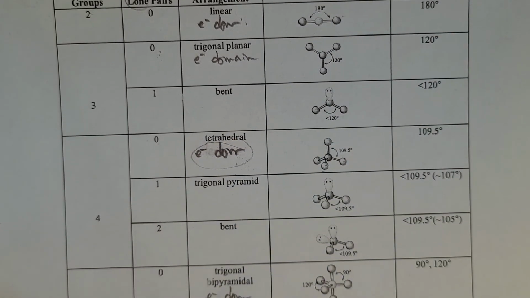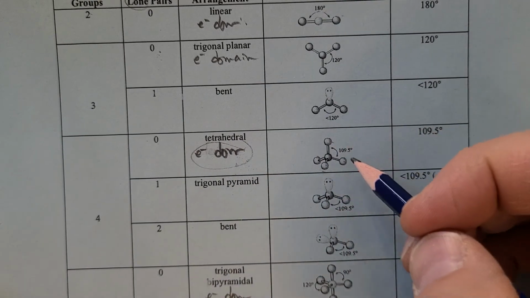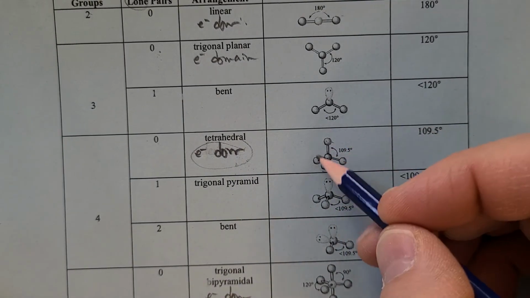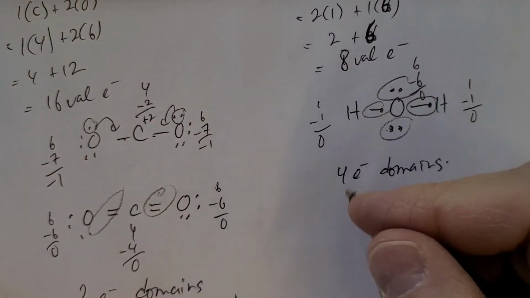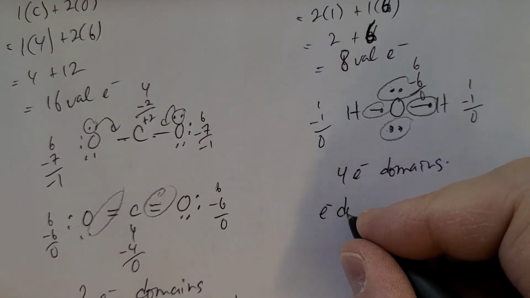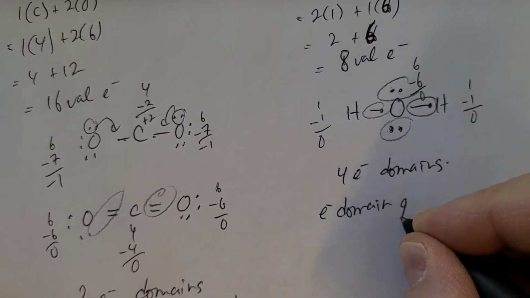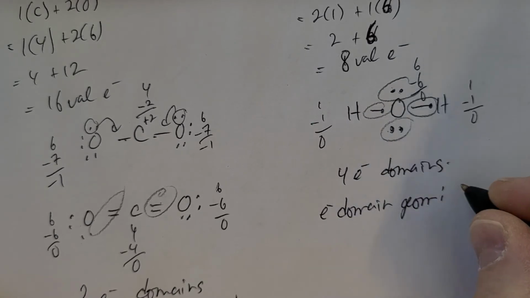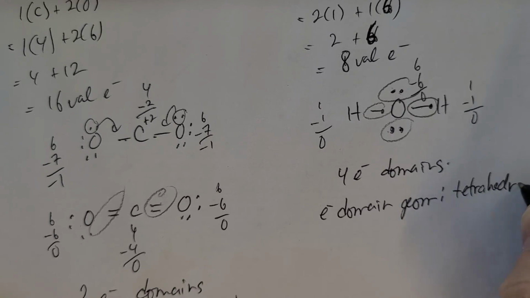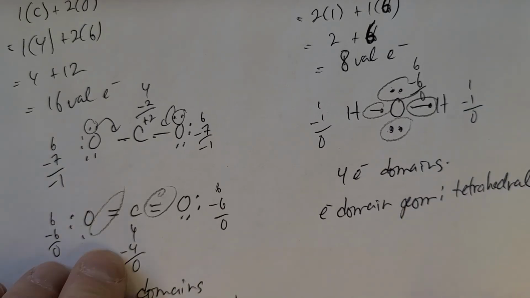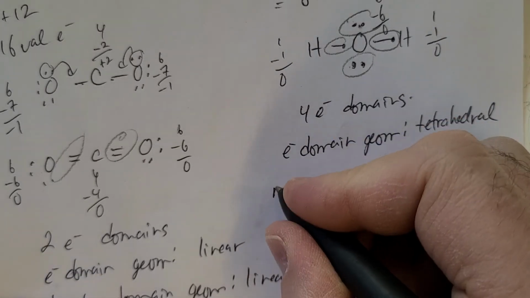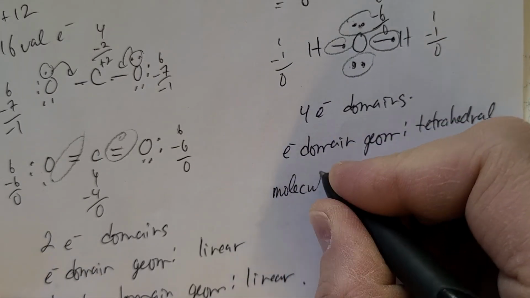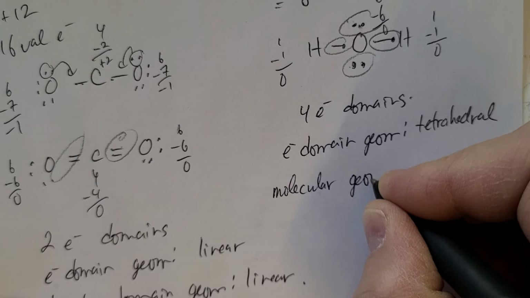So the electron domain geometry, if I consider non-bonding and bonding areas important and contributing to the shape, would be tetrahedral. Electron domain geometry is tetrahedral.